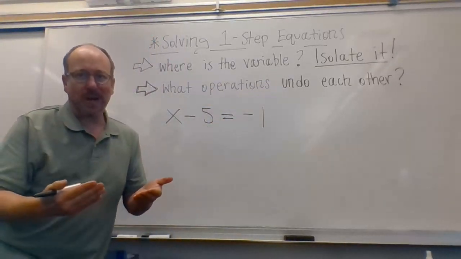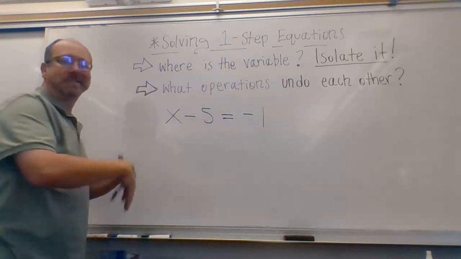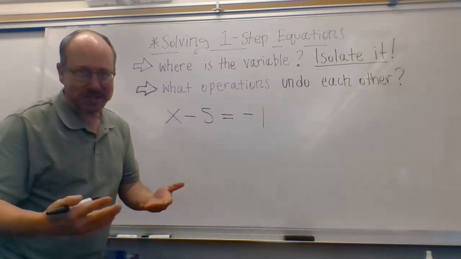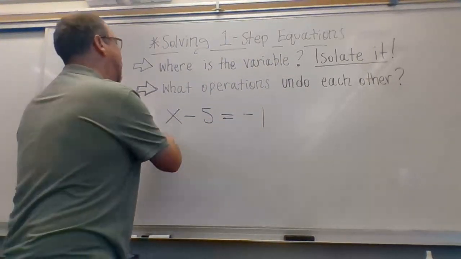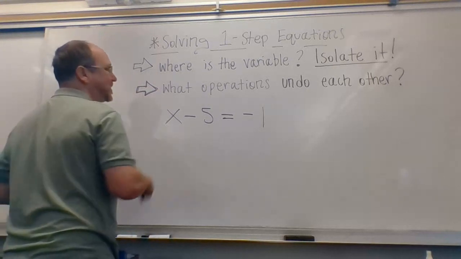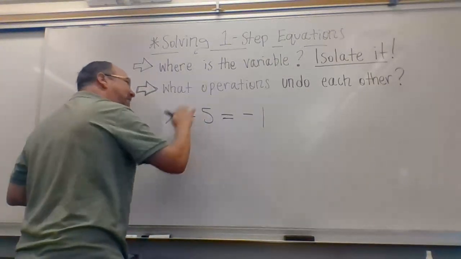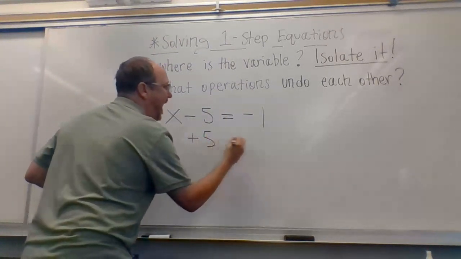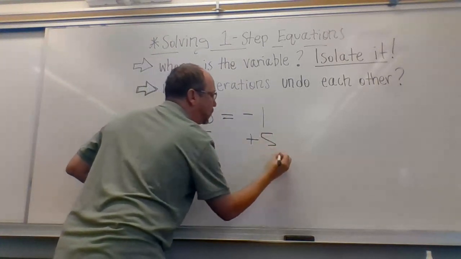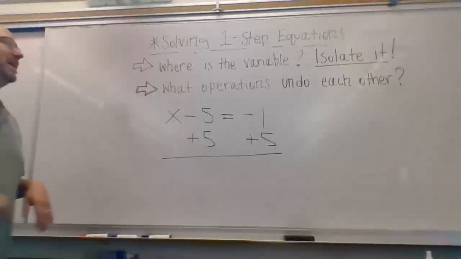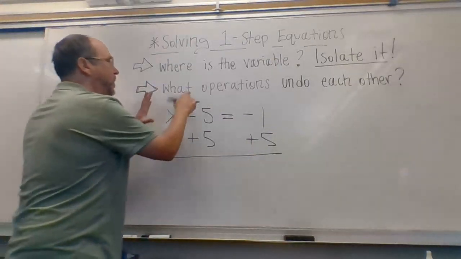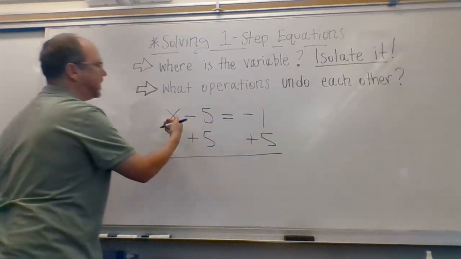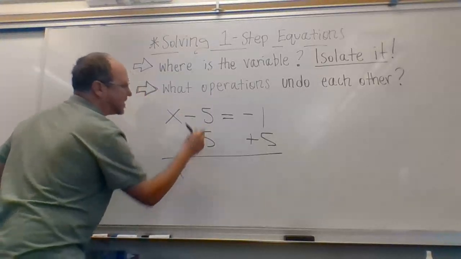If we're thinking what undoes subtraction, what's the opposite of subtraction? Addition. So we want to isolate x by itself. To get rid of the minus 5, or to zero it out, you're going to add 5 to both sides. Then we're just building columns here, bringing down our x.